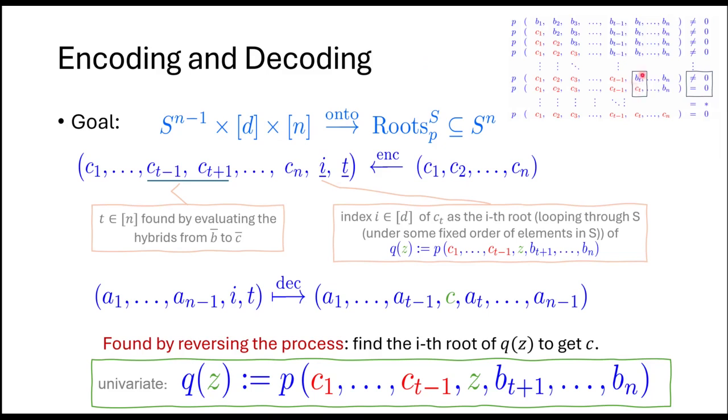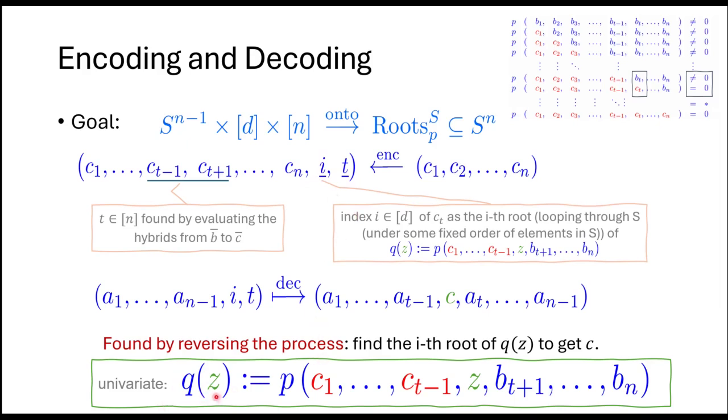We don't need it because we're going to encode it with T, but we also need to encode it with I. So we have only the prefix C1 to CT minus 1, and then BT plus 1 to BN, not BT or CT. And we put T and I. Now I didn't tell you what is I. T is the hybrid, and I is simply the following.